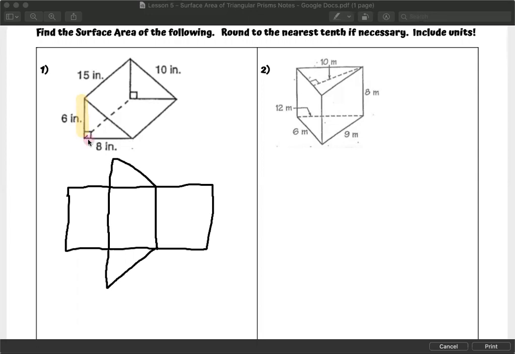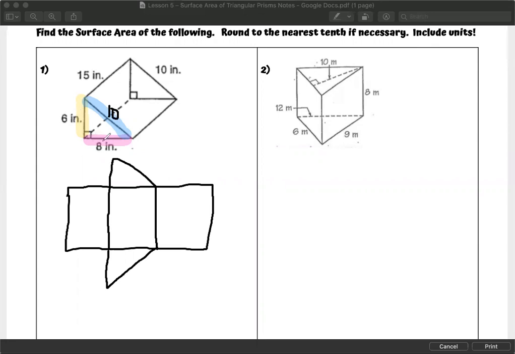My medium side right here, which is 8. And my longest side right here, which there's no number right there, but if we look on the triangle over here, it is 10, which tells me that this side length here is 10.